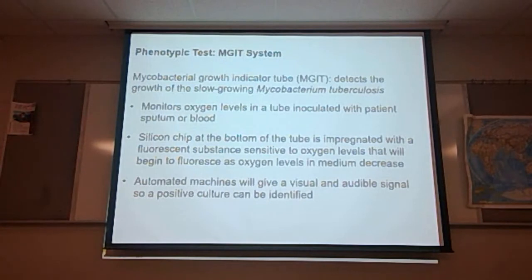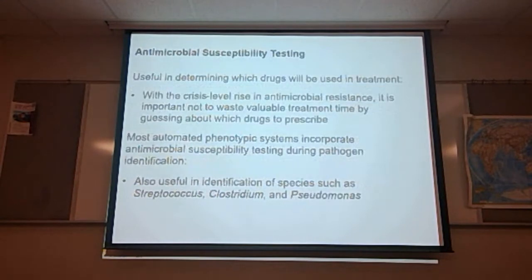There will be automated machines which will give a visual and audible signal so a positive culture can be identified. So as the oxygen level depletes by this oxygen consuming organism, you will get a signal telling you the culture has begun to grow, and then we can identify it as Mycobacterium tuberculosis.